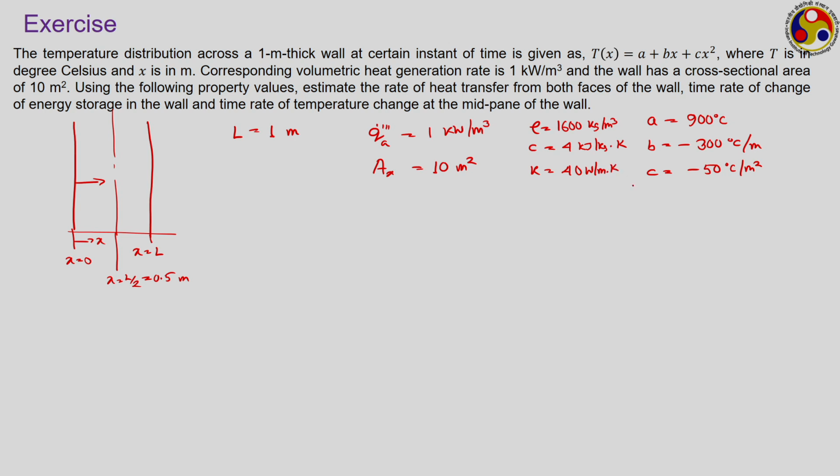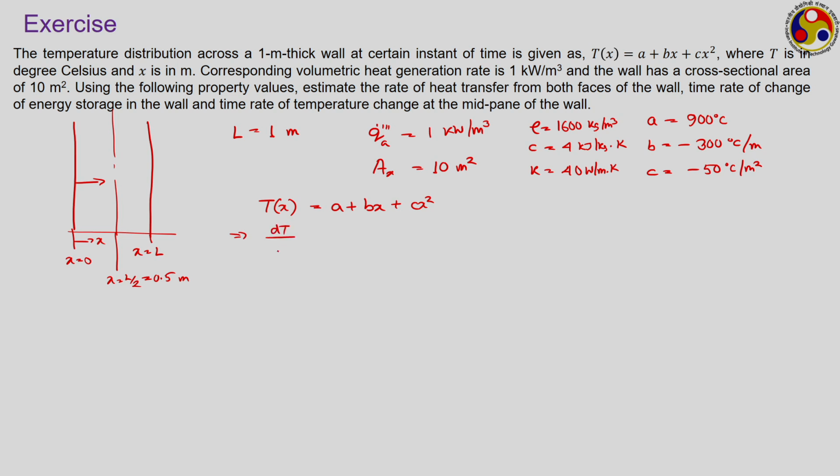So, these are the set of information given. We have to estimate first the rate of heat transfer from both the faces of the wall. So, we know that at any location x, the temperature is given as T equal to A plus Bx plus Cx square.